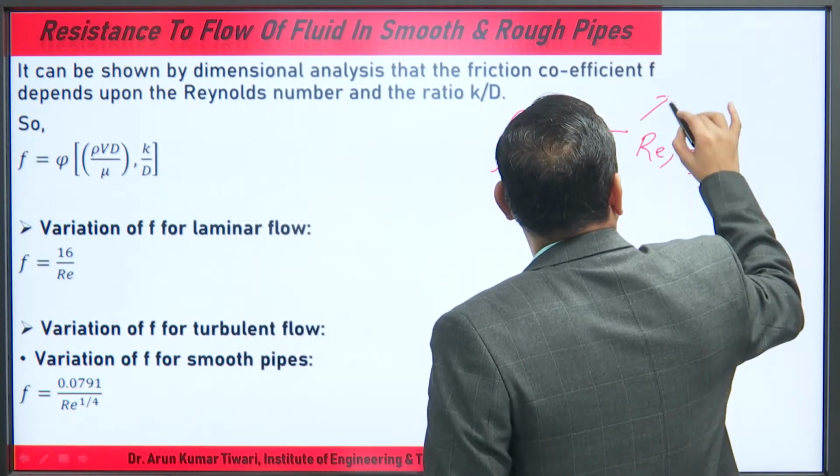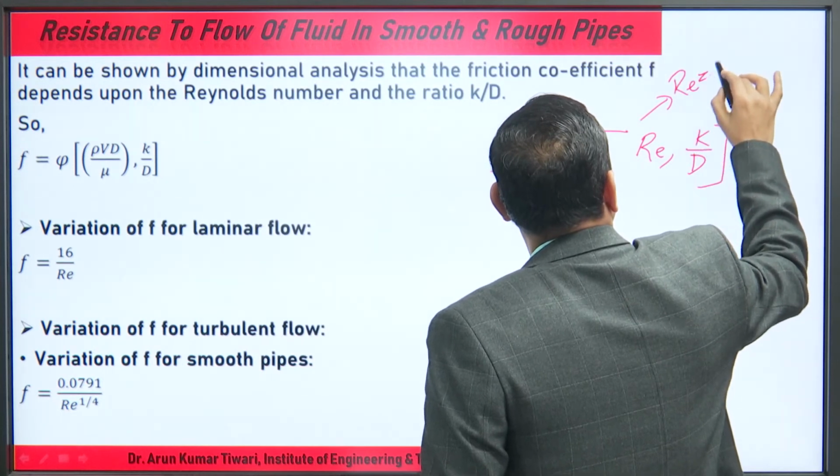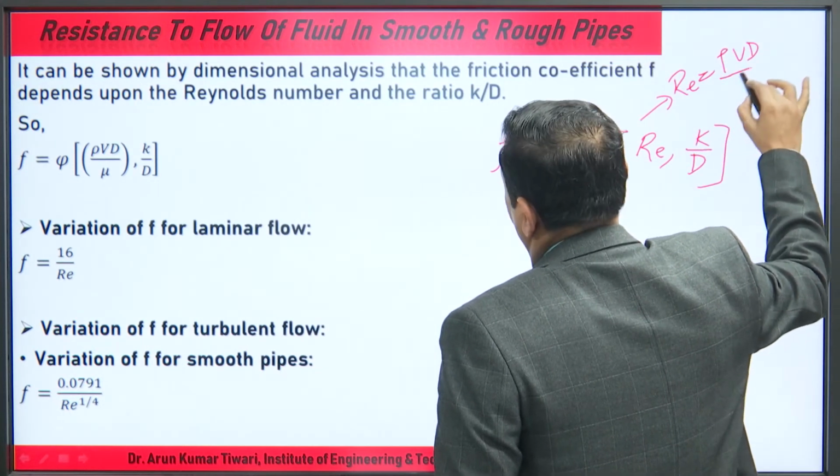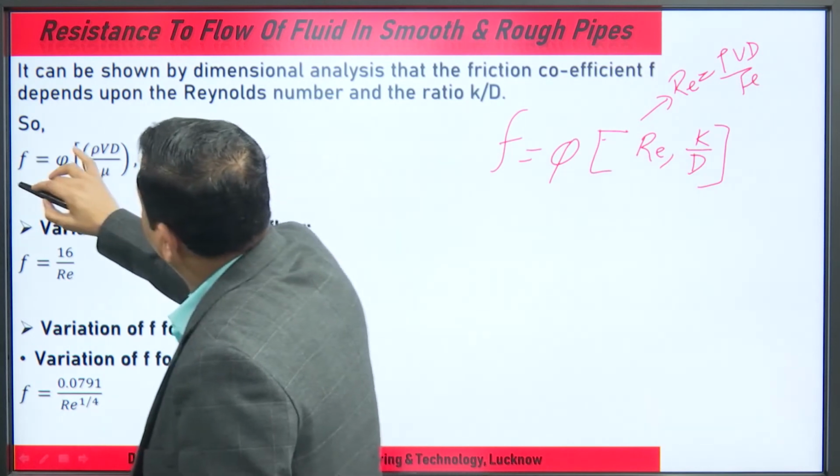The Reynolds number is rho V D upon mu. So f is a function of these.